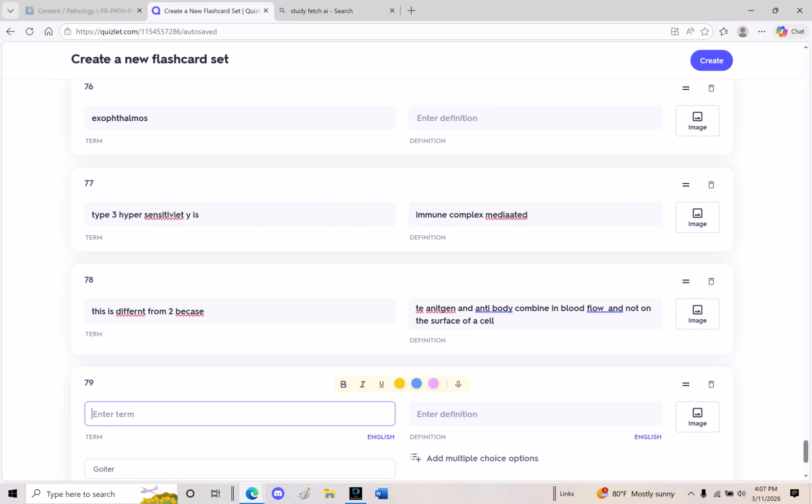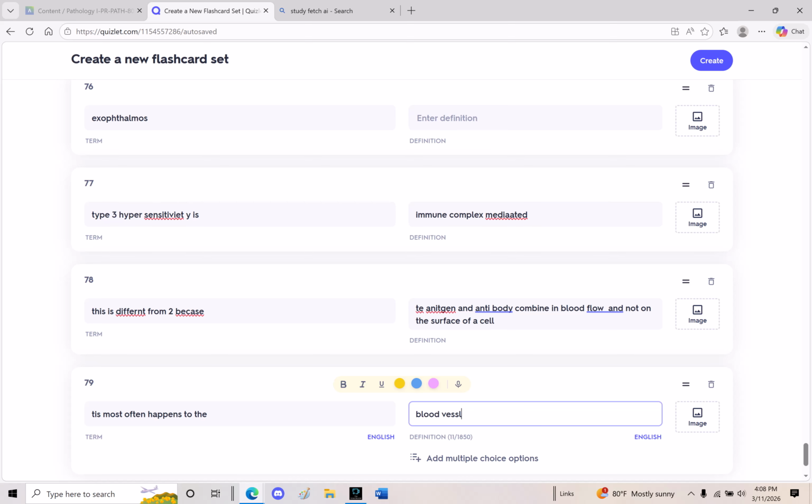Most of the time, the tissue it deposits on is going to be the walls of the blood vessel, because that's where they met. They were both in circulation. Now we have the same thing that happened in type 2.